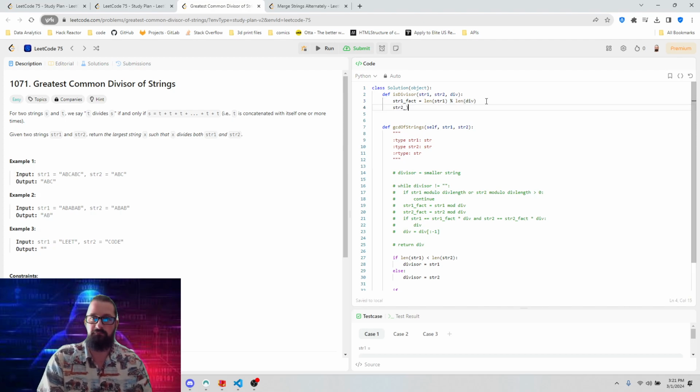String 2 factor equals length of string 2 modulo length of div.